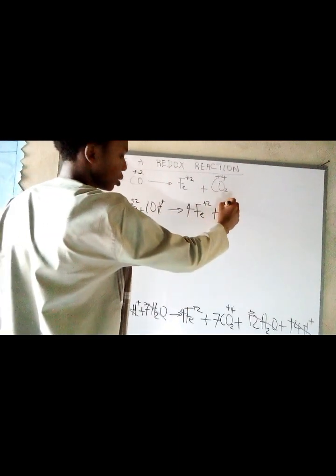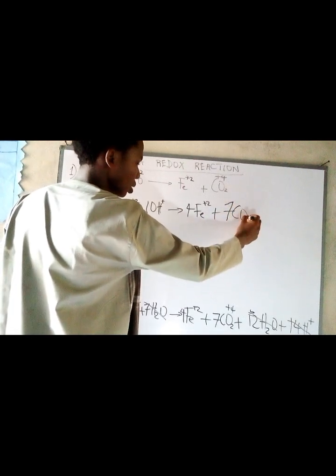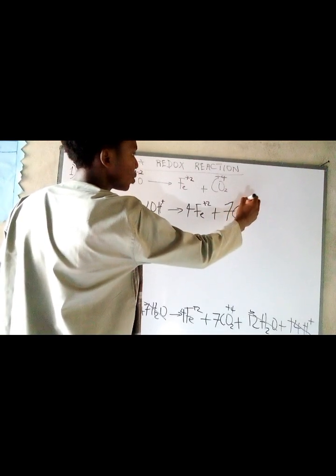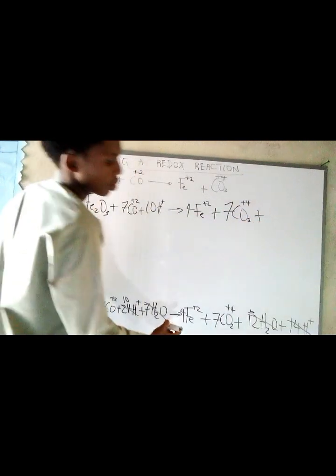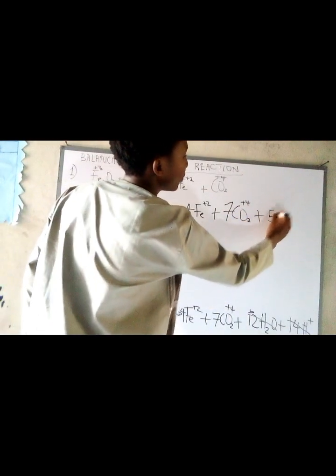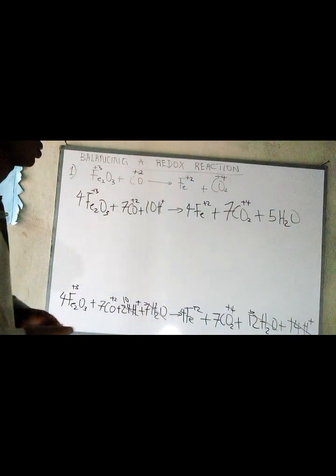Plus, what? 7 molecules of CO2 plus 4, to give us what? 5 molecules of H2O. Alright, we are done with the balancing.